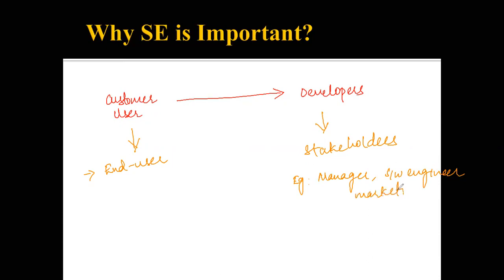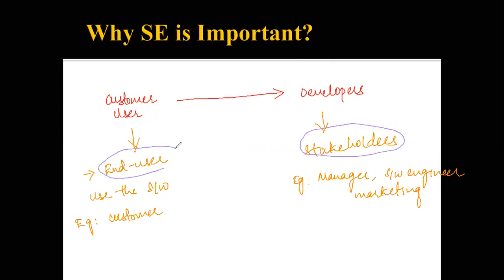These people are directly impacted by the development of the software, whereas end users are the people that are going to use the software. An example of an end user is a customer or a specific user. So in place of developers, we use the term stakeholders, and end user means the customer that is going to use the software at the end.